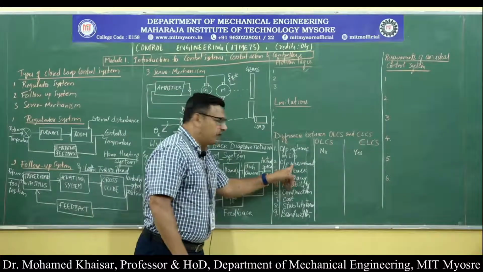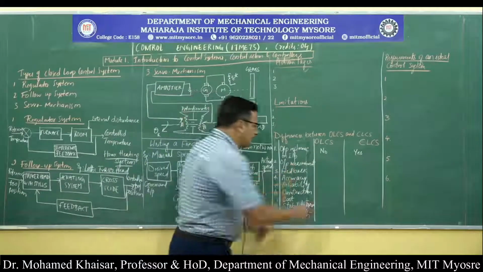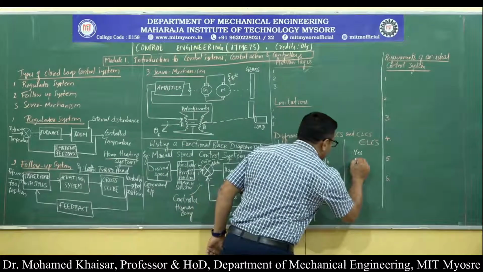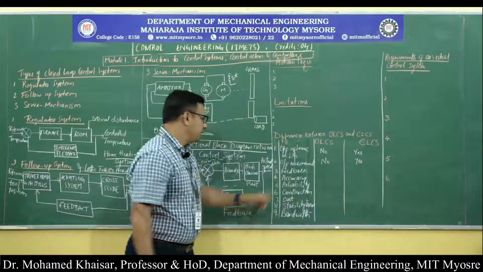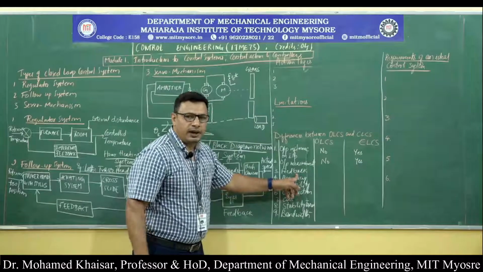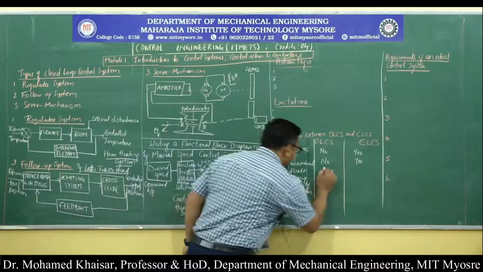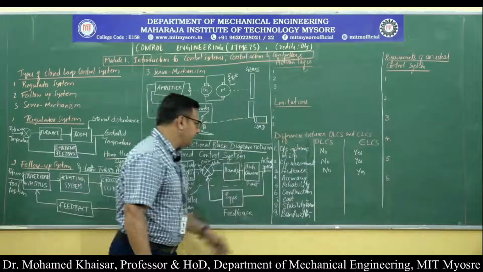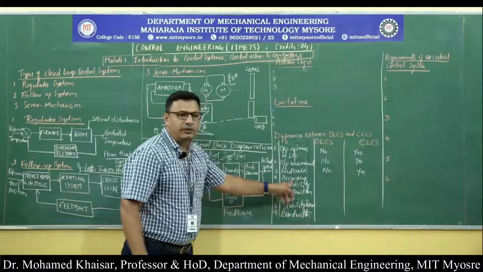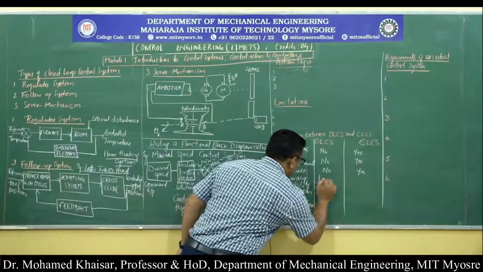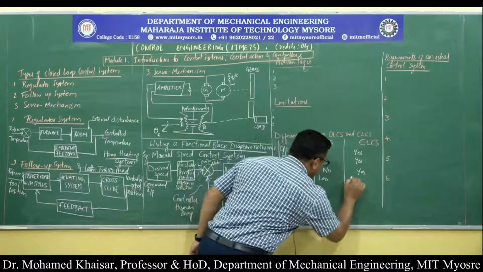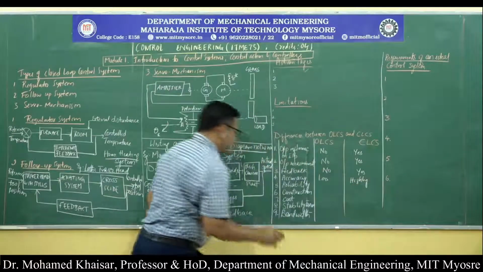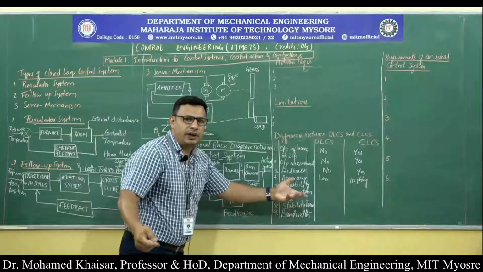Then, output measurement, is it happening in the open loop control system? No. In the closed loop control system? Yes. Then, feedback element, is it present in OLCS? No. Here? Yes. Then accuracy, which system is accurate? This is less accurate, this is highly accurate. Then reliability of the system, where can you rely?